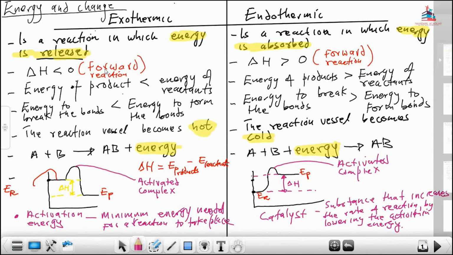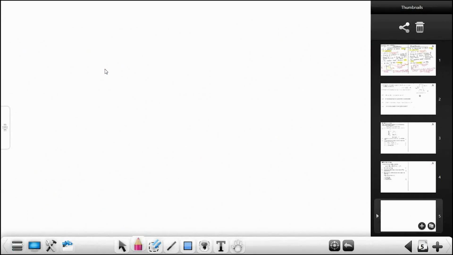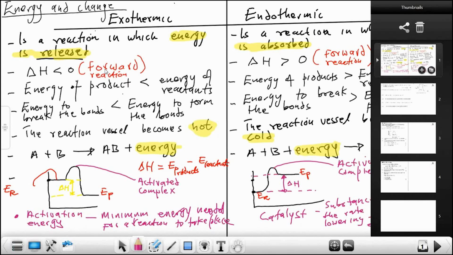Let me see if I can duplicate this and increase now space for what I want to explain, because other questions comes now saying something about reverse and forward reaction. But like I said, the information that will be given to us will be the information for the forward reaction.